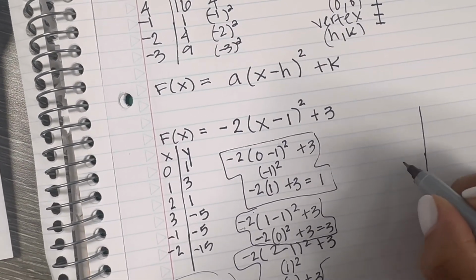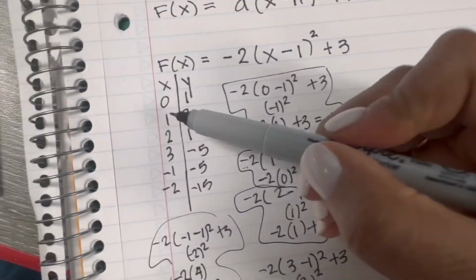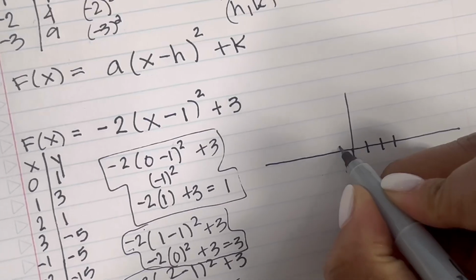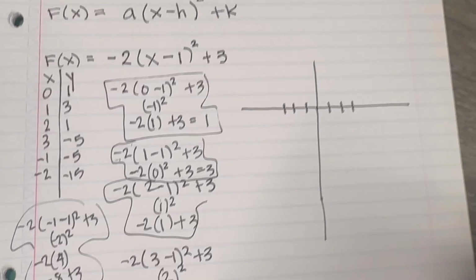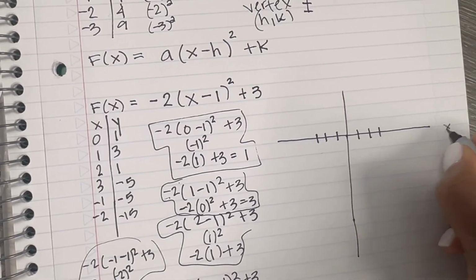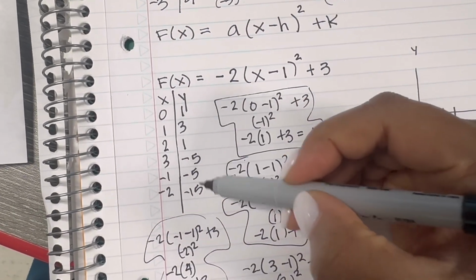Okay, so let's go ahead and graph this. Our x values are by ones, so 1, 2, 3. The y values are by 5s, right?